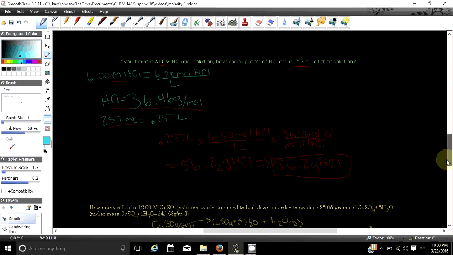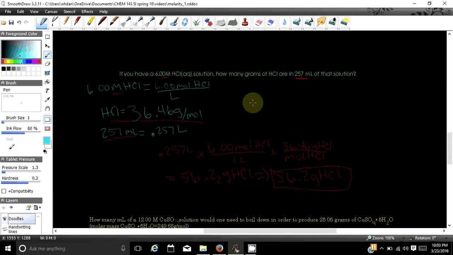Next example. And you guys, if you see any math that's not right here, please let me know. I'll fix it. Anyways, so if you have a 6.00 molar solution of hydrochloric acid, HCl, how many grams of hydrochloric acid are in 257 mL of that solution? So, by definition, we know that molarity equals moles per liter.